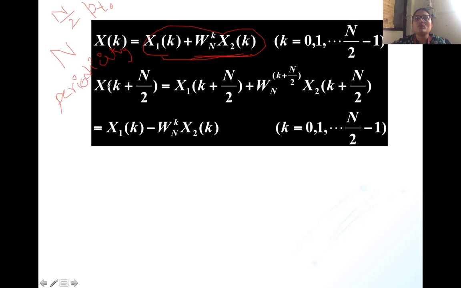In the same manner, now I have N by 2 values and I want to calculate the further N by 2 values. So I have taken X of k plus N by 2, whatever the value of k is, plus N by 2, so the next values are calculated. I have added the period of N by 2 for each and every DFT value.